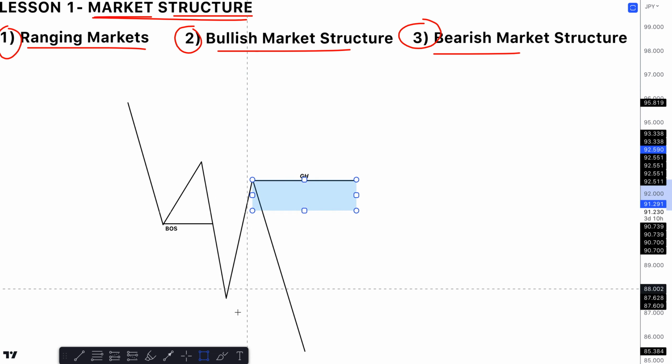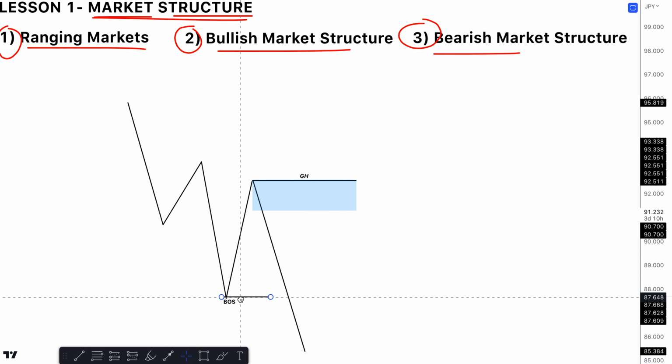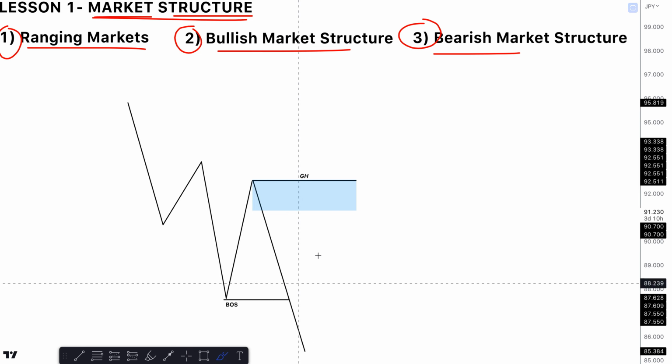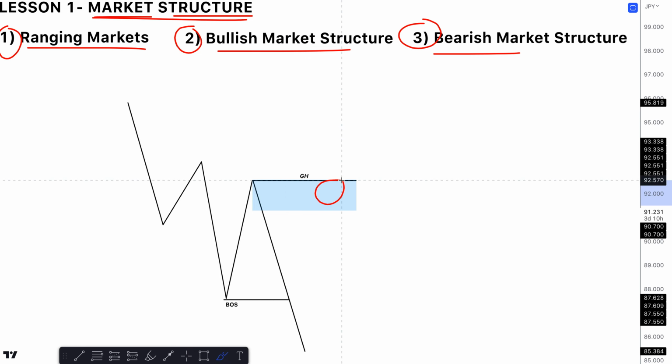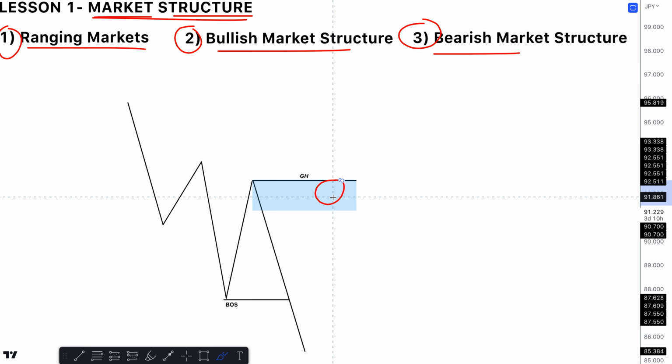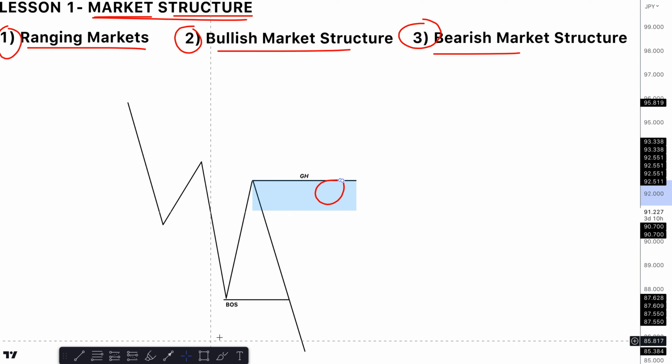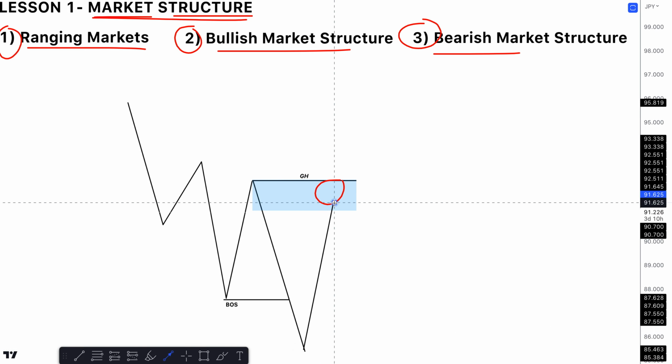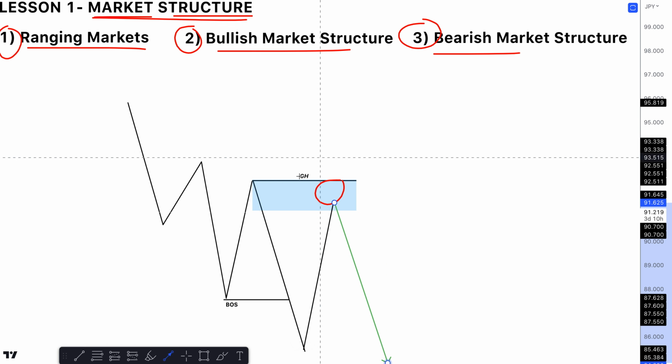That's our new extreme supply, and our break of structure would also move here. Then, if and only if price comes back to our extreme supply, can we look for another short setup. So if price comes back in here, we can look for another short setup if our entry schematic lines up.